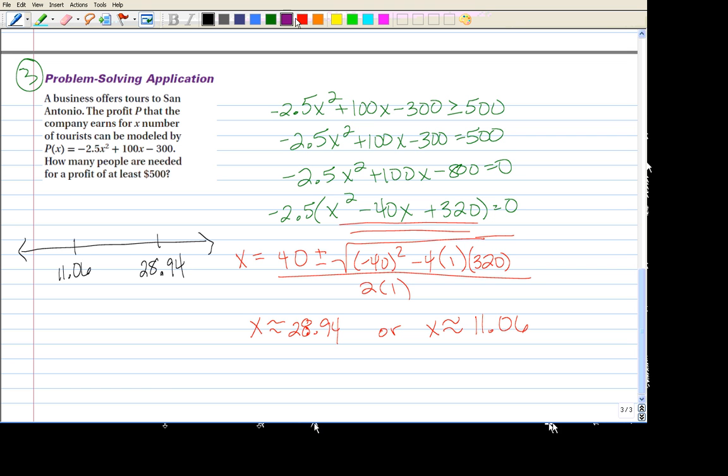So if I test 10 here, if I plug 10 back into my inequality here, I want to see if the left-hand side will be greater than or equal to 500 when I plug in 10 for x. So if I plug in 10, the left-hand side will be equal to 450. And is that greater than or equal to 500?